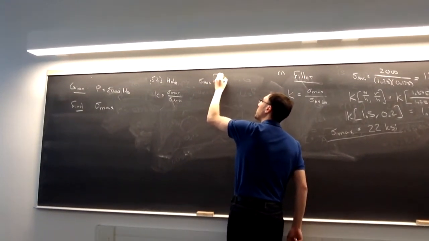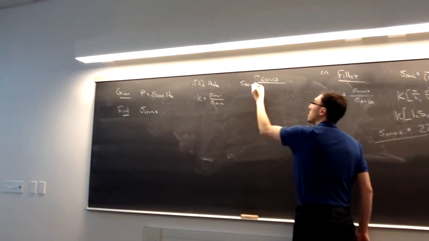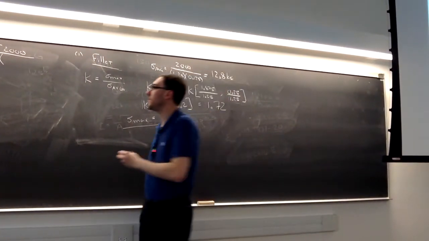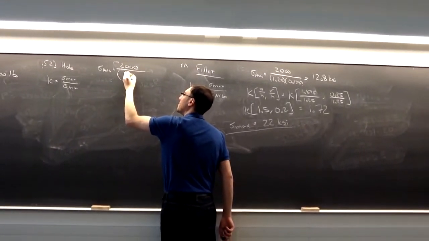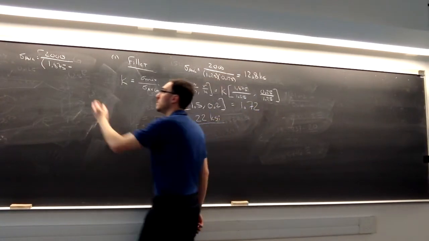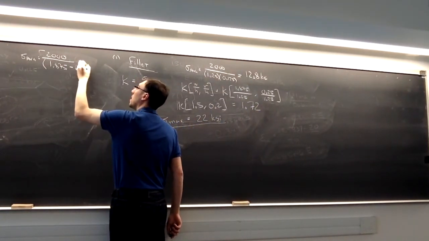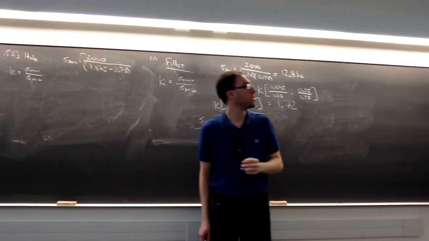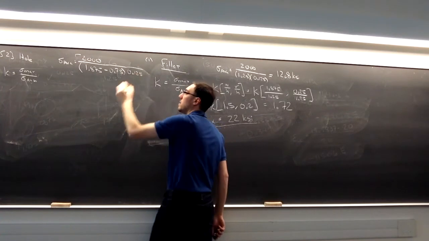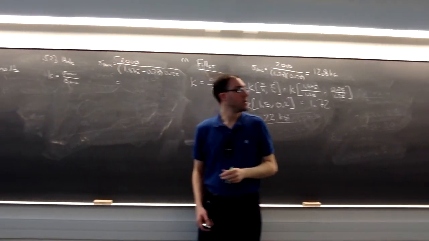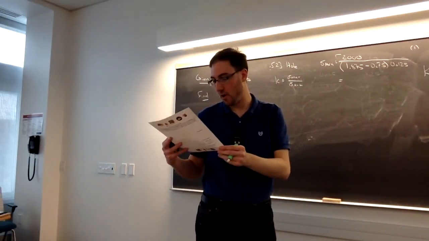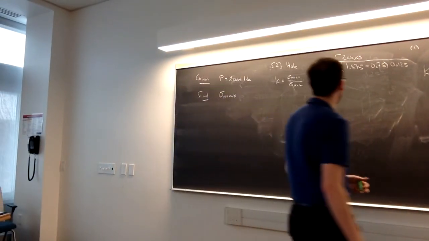Average stress will be 2,000 over W minus 2R, that'll be 1.875 minus 0.75, and the thickness, 0.125. The average stress for the hole is 14.2 KSI.